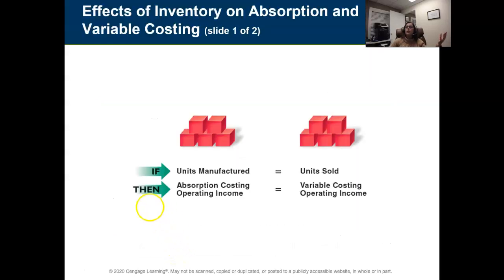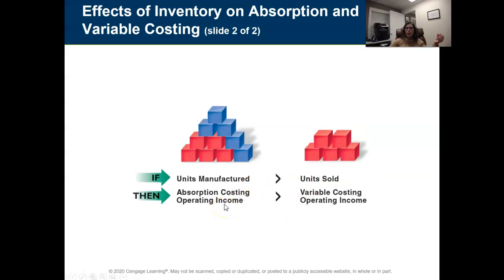Okay, so in a nutshell, if the units we manufacture equals the units we sell, then there's not going to be a difference between these two methods in terms of our operating income. However, if the units we manufacture is more than the units we sell, then we're going to have absorption costing operating income, which is more than variable costing operating income.